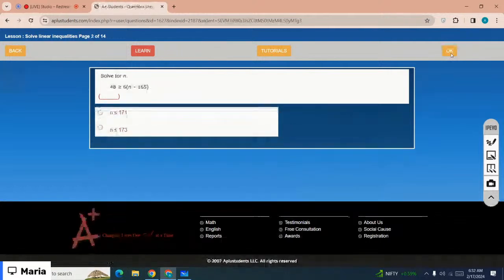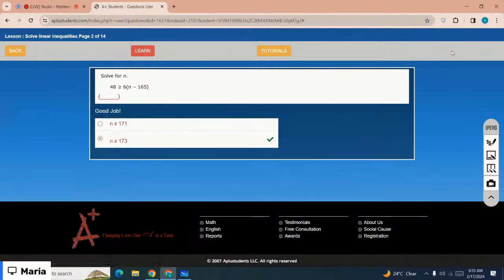The next one is solve for n. 48 is greater than or equal to 6 times n minus 156. So which is the correct option? That is n is less than or equal to 173.